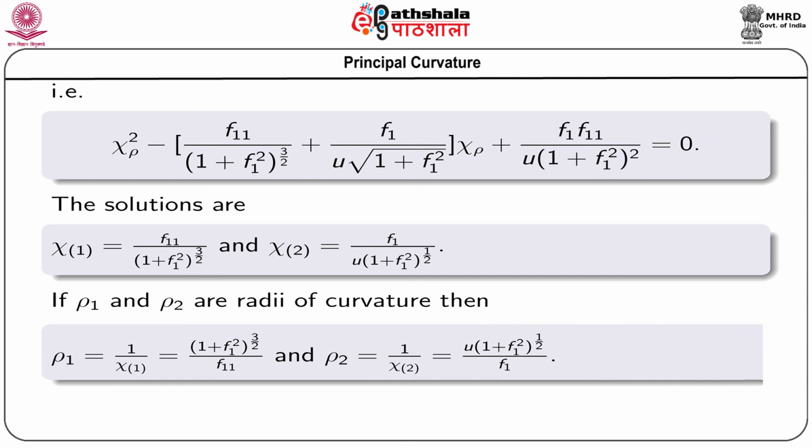If rho 1 and rho 2 are radii of curvature, then rho 1 equals 1 by kappa 1, that is 1 plus f1 square to the power 3 by 2 by f11, and rho 2 is 1 by kappa 2, that is u times 1 plus f1 square to the power half by f1.